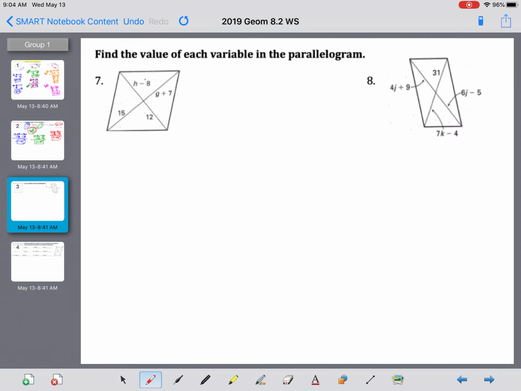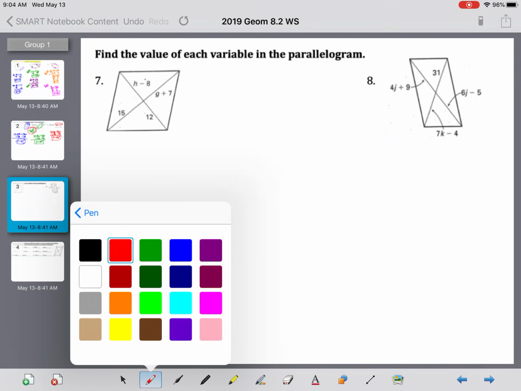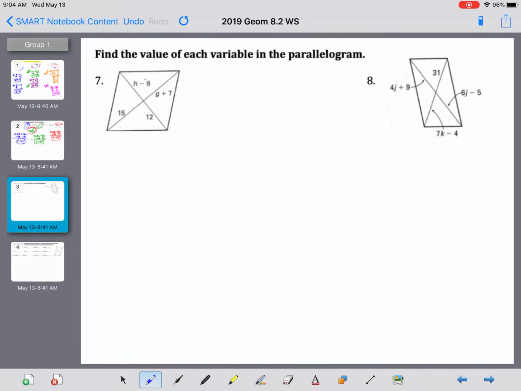Moving on here. Now we're looking at diagonals. Now we have a theorem, 8.6, that says a quadrilateral that's a parallelogram has diagonals that bisect each other. So remember, bisecting means this piece and that piece would be the same, this piece and this piece would be the same.